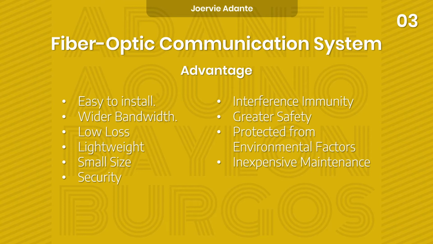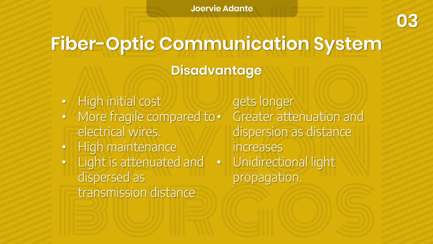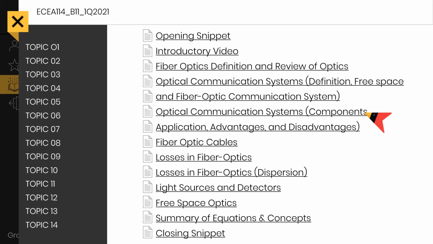Inexpensive maintenance. Long-term cost is less than the metallic counterpart. Its disadvantages are high initial cost, more fragile compared to electrical wires, high maintenance, light is attenuated and dispersed as transmission distance gets longer, greater attenuation and dispersion as distance increases, and lastly, unidirectional light propagation.